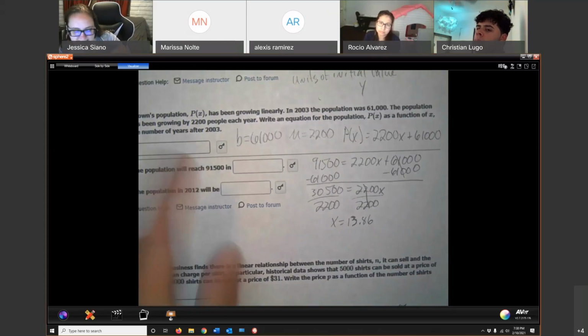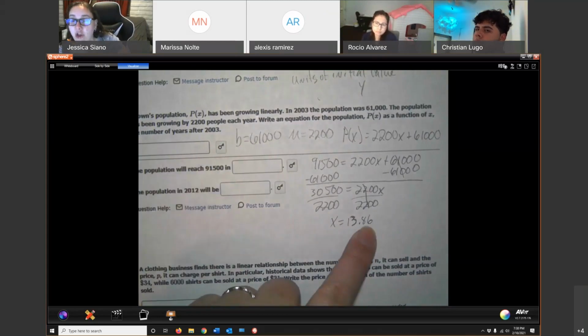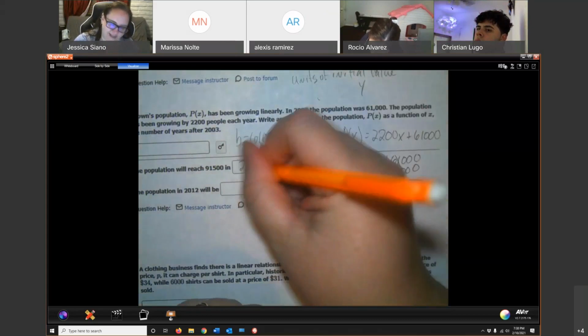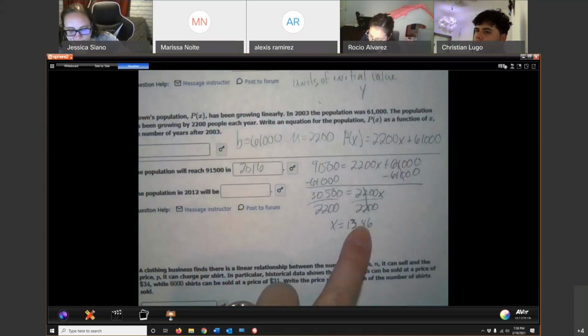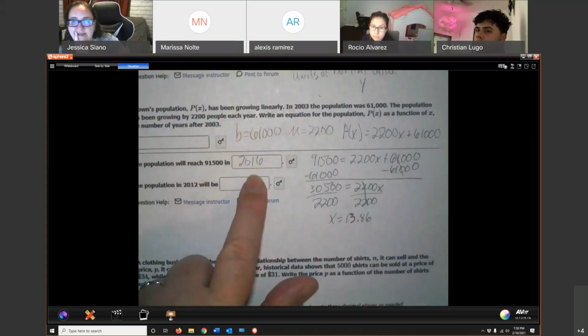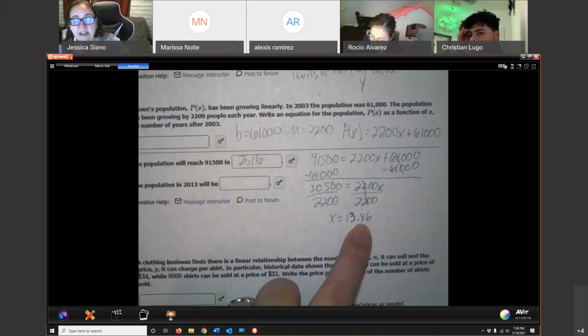Now this 0.86 just means that it's going to be close to the end of the year. It means we're looking at like October or November, but that's still within the year 2016. Okay. If you round this up to 14 and round your answer up to 2017, it's going to be wrong because this means, like I said, like October of 2016, but still 2016.